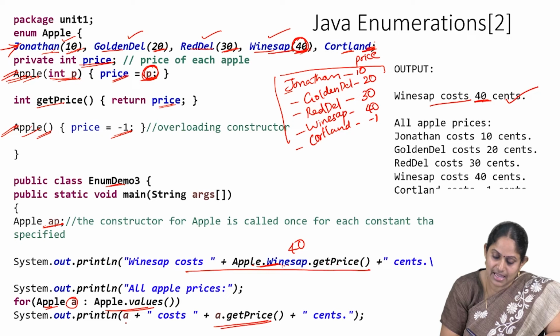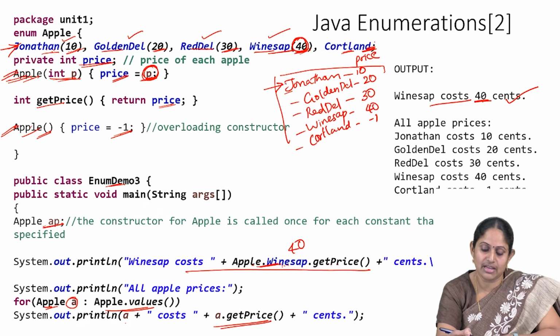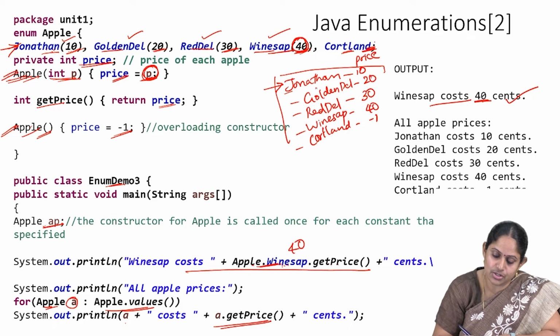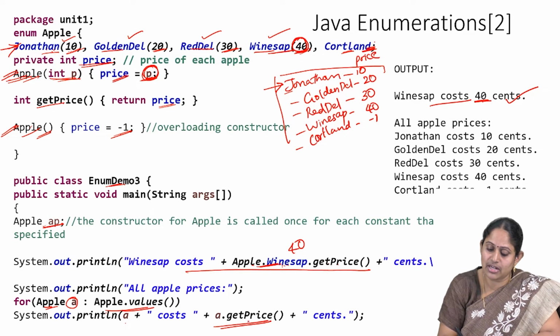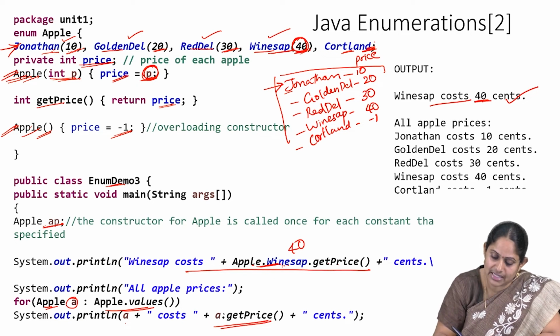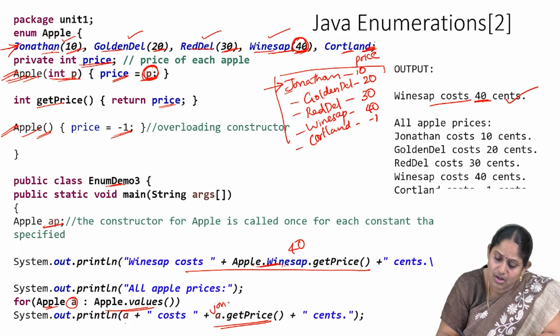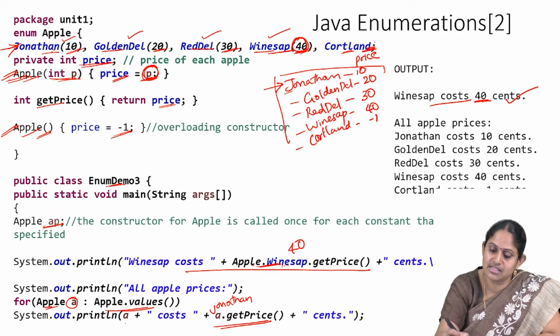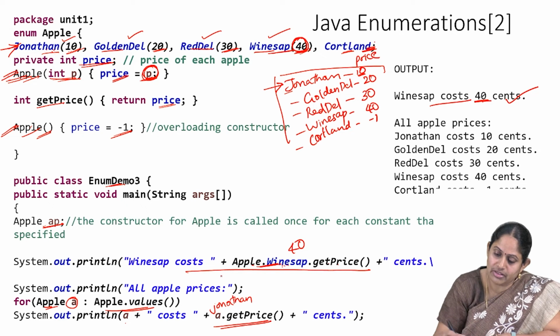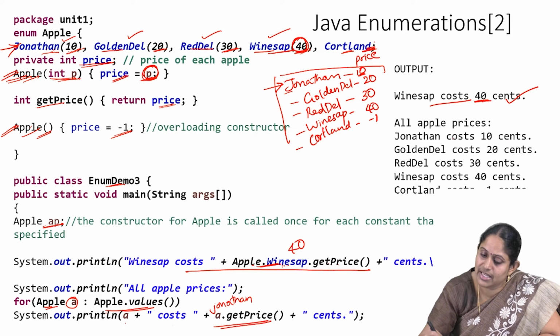So what will we get in output? What is A initially? Initially A is pointing to Jonathan. So A takes Jonathan. So Jonathan costs A dot getPrice, that means on Jonathan we are calling getPrice. Jonathan's price is 10. So we get Jonathan costs 10 cents.